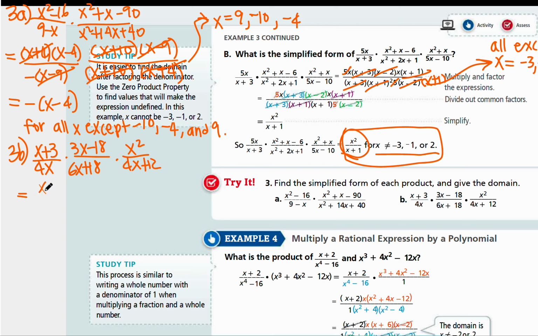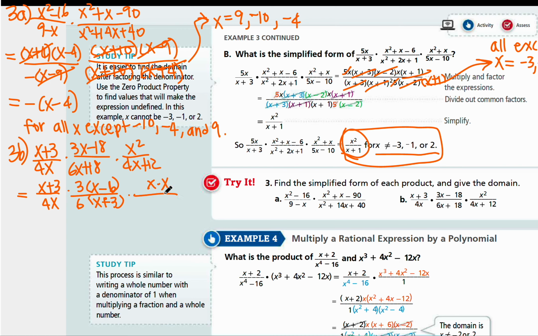The first fraction is already factored out, so I'm not going to touch that. 3x minus 18, you can just factor out the greatest common factor of 3, 6. And then this one as well, you factor out greatest common factor 6. Not too hard. And then you have x times x.